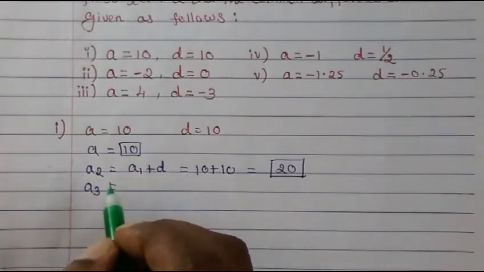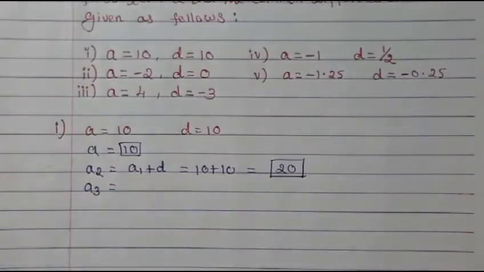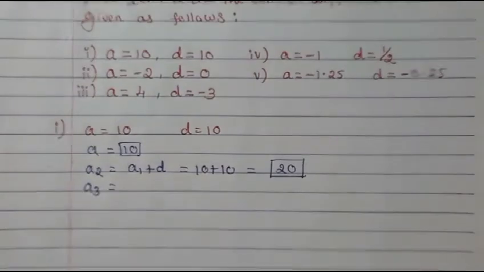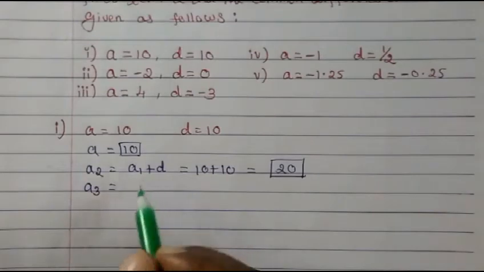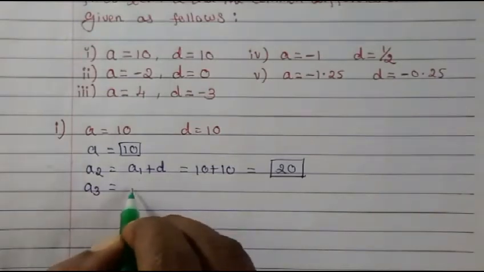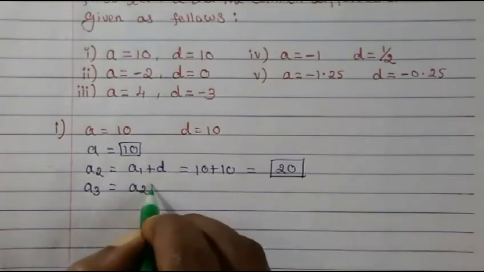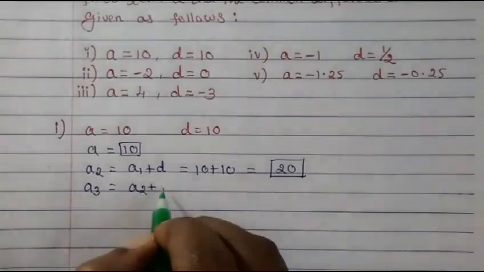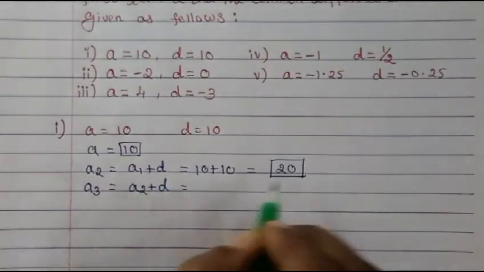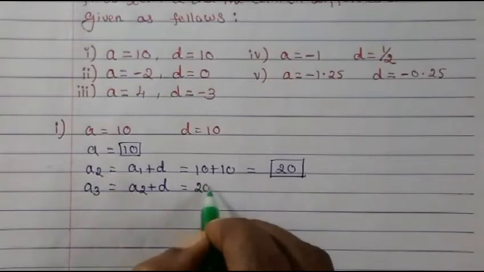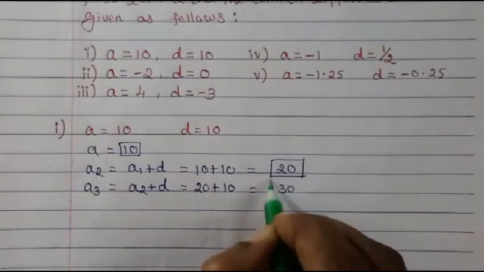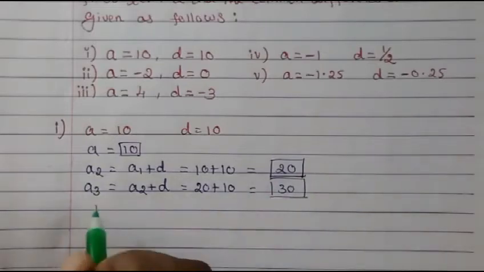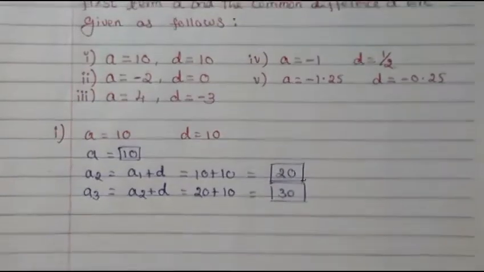Now next A3. How will we get it? In the same way, with A2 you will add D value. A2 is 20 and D is 10, so you will get 30. How many terms do we have to find out?